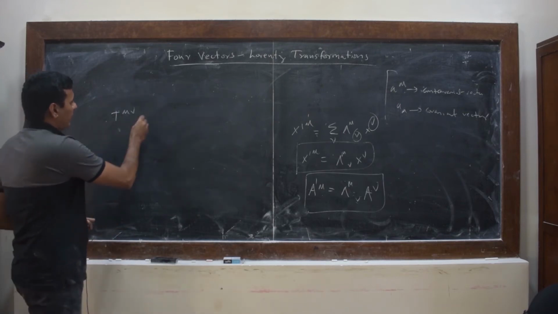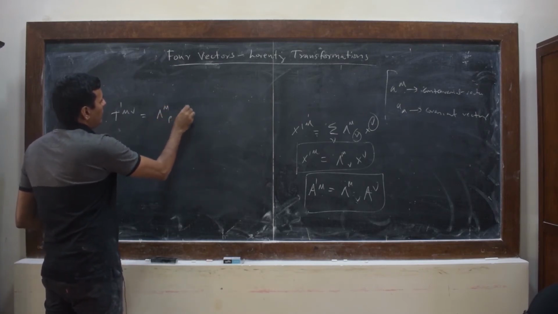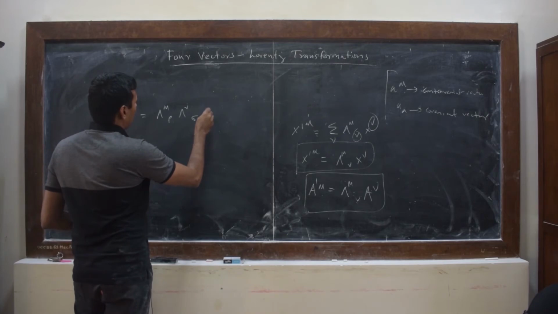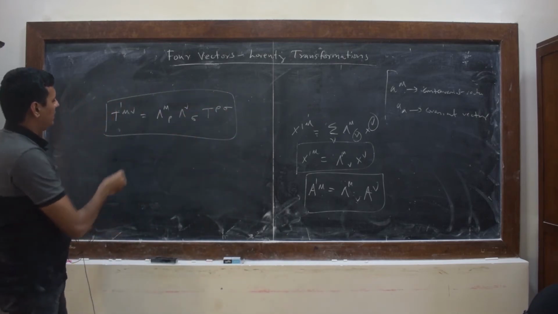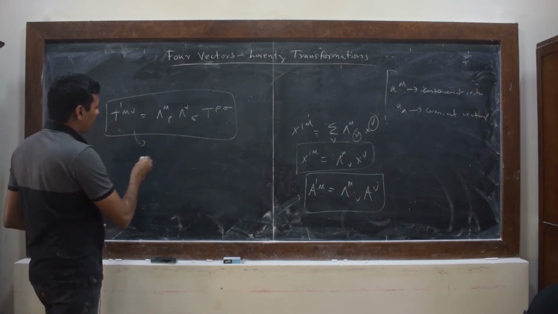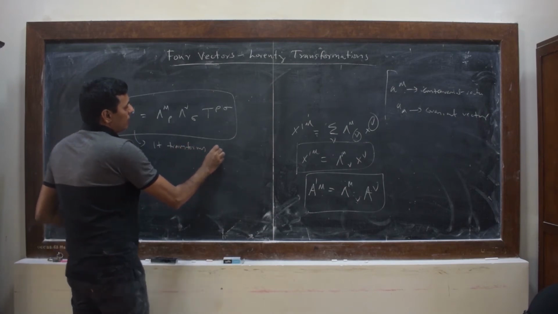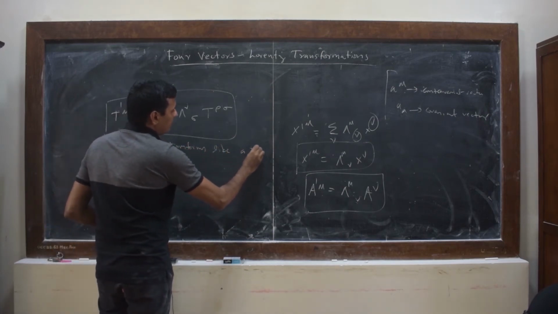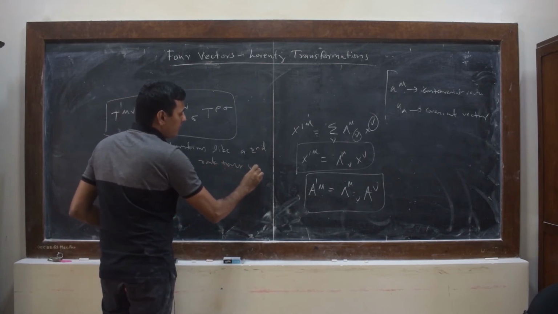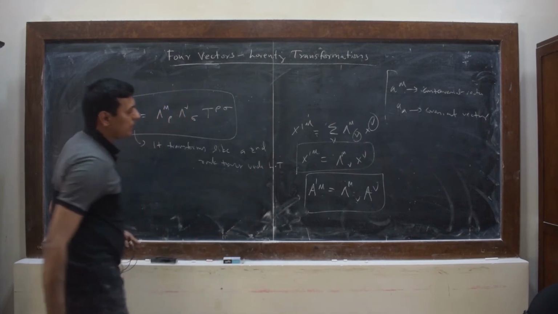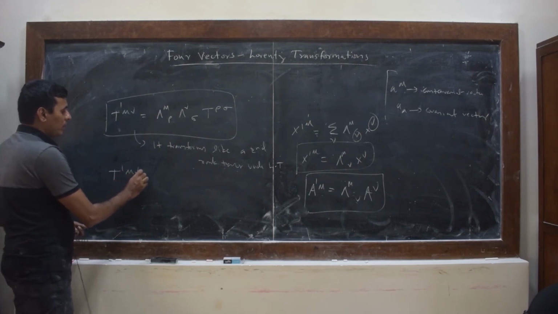If this object transforms like this, T prime mu nu equals lambda^mu_rho lambda^nu_sigma T^{rho sigma}, then you say that it transforms like a second rank tensor under Lorentz transformation.